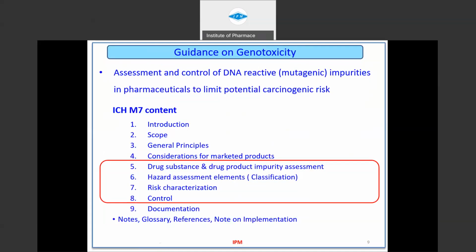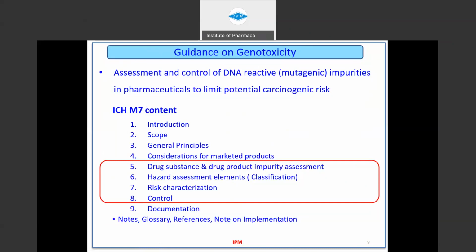This is about impurity assessment. Then the classification of these impurities based on the hazard they are likely to have, and then characterization of those in terms of what is the allowable daily intake or acceptable daily intake in case of that impurity.